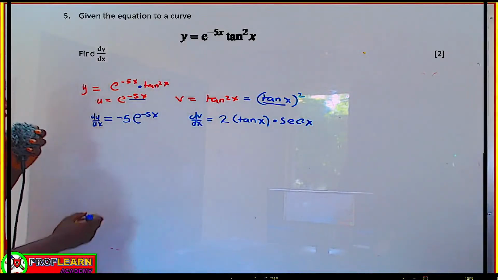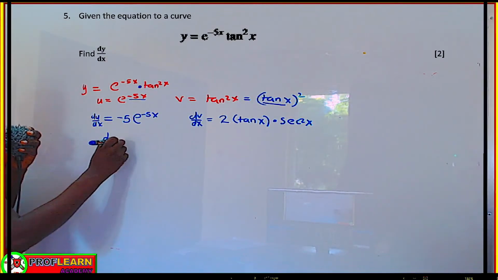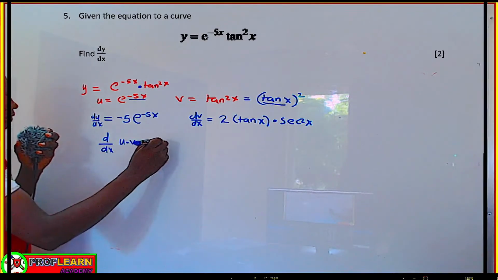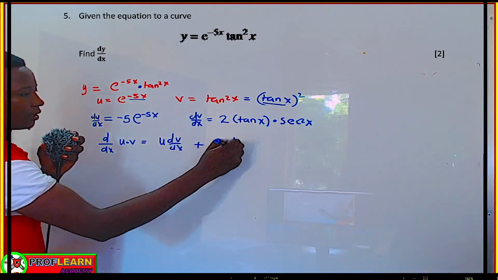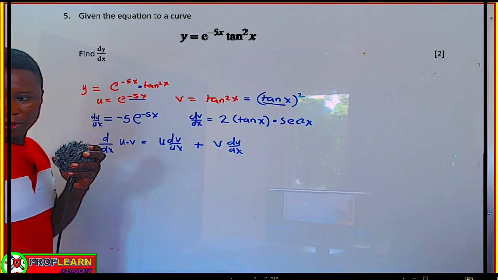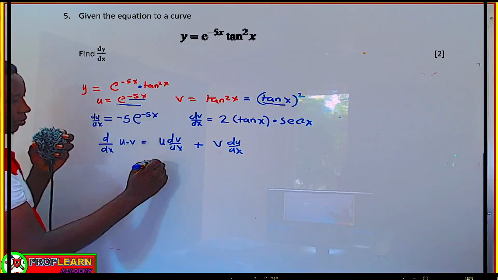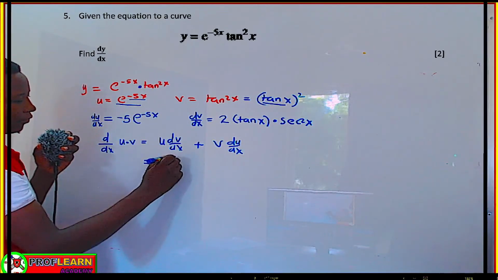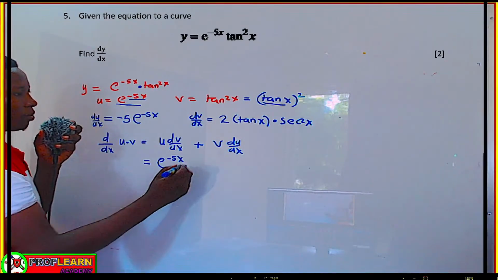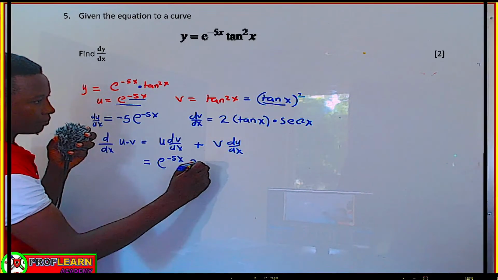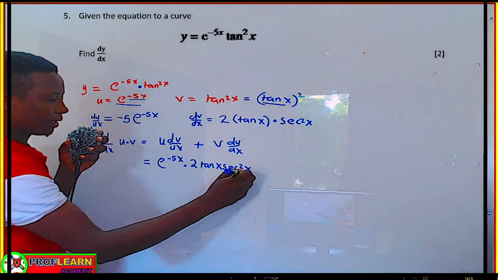So, using product rule, we know that the derivative of uv is u dv dx plus v du dx. So that will mean that our u is this one, negative 5x, times our dv dx, which is going to be 2 tan x sec squared x.